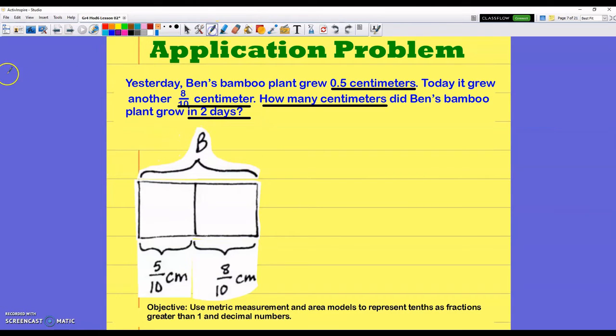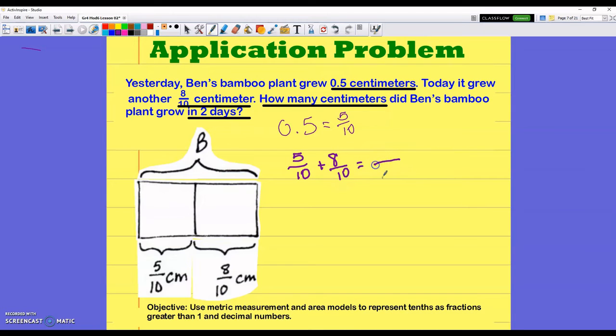First, the word problem gives us a decimal and a fraction. So we know 0.5 is really equal to 5 over 10. And now that the fractions are the same, we can just add them up. So we have 5 over 10 plus 8 over 10.